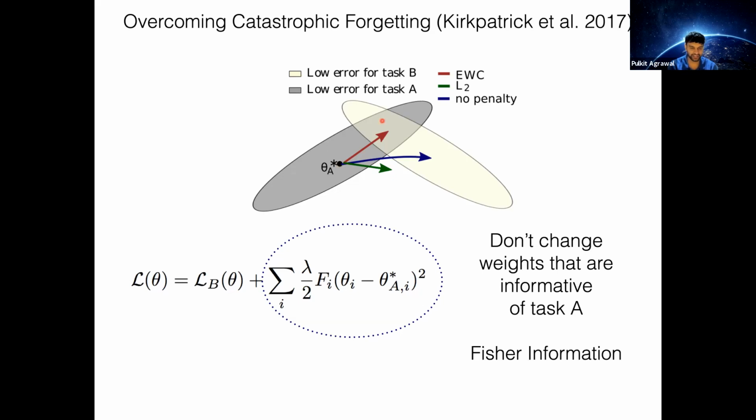That is what L2 distance would do. But then measuring L2 distance in the parameter space is not very useful, right? So instead, we want to measure some notion of mutual information between parameters of task A and task B. So Fisher information is helping us measure that. Okay, all right, thanks.